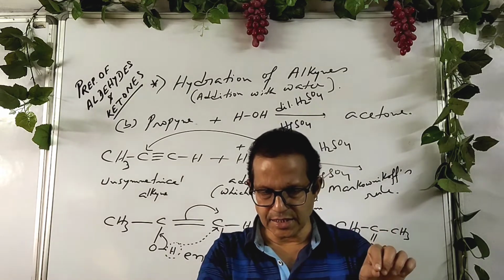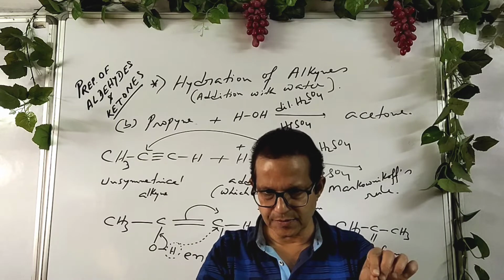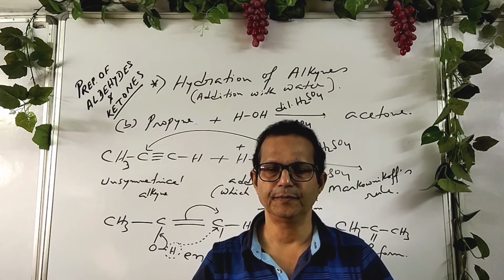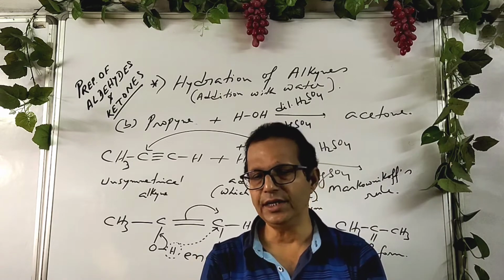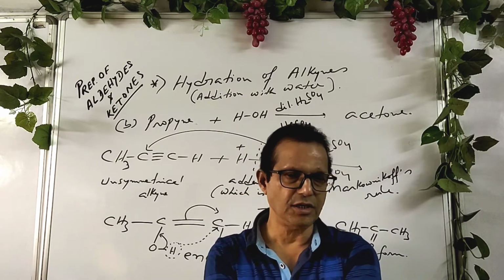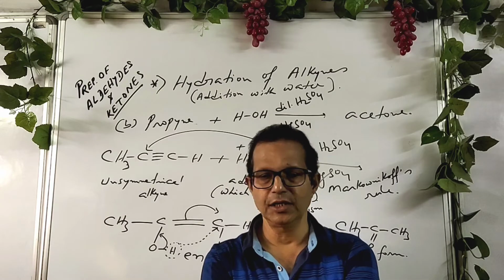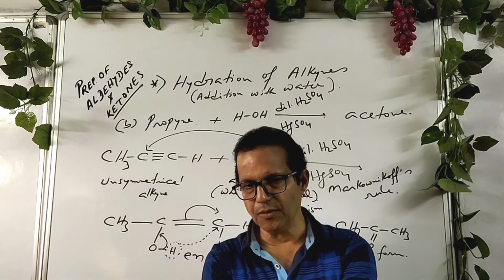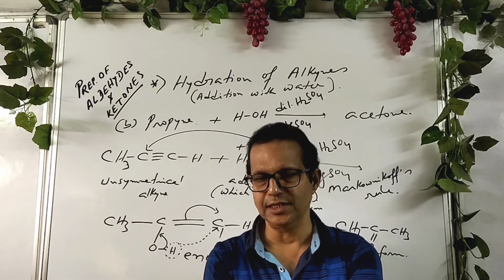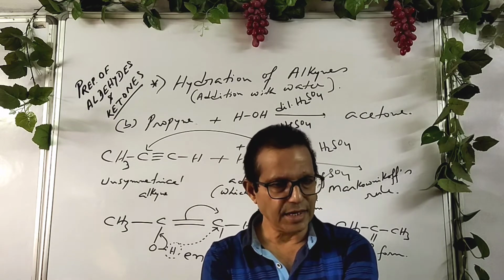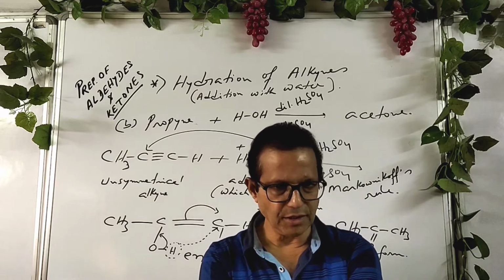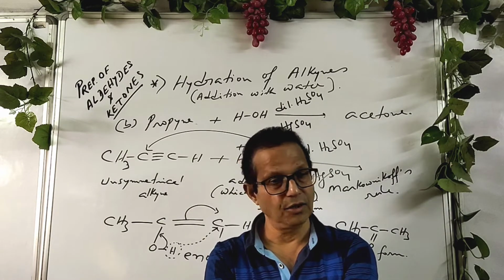But in this case, the intermediate is benzaldehyde, but we do not get it. Etard reaction is the reaction which controls or retards the further oxidation of aldehyde to a carboxylic acid. That's why by Etard reaction from toluene we get benzaldehyde, not benzoic acid.